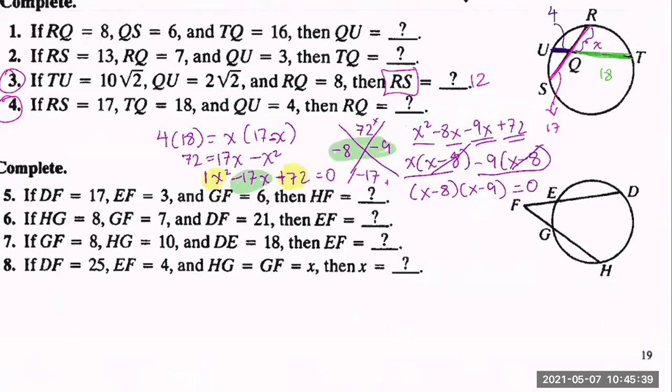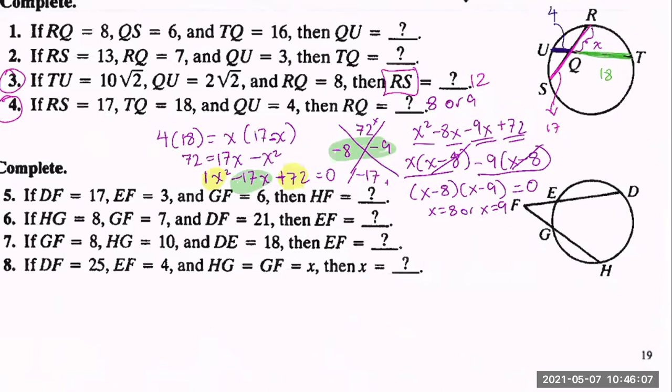Solving by factoring means you're solving for the two x values that x could be. So x can be 8 or x can be 9. And if this represents a physical situation, which it does, this is the length of the cord, then the values that you get must be positive. So since 8 and 9 are both positive, then RQ, being the value of x, can be two values, 8 or 9.